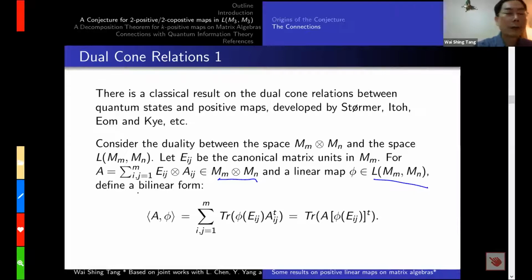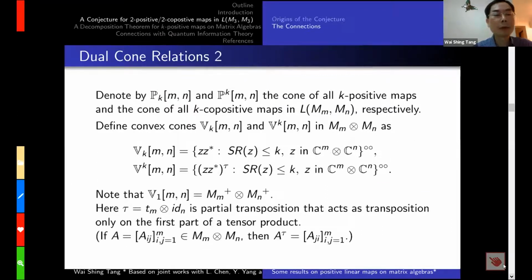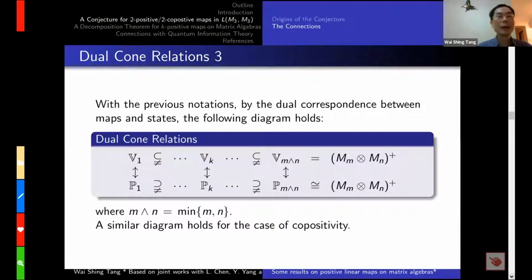From here, one can describe the relationship between Mn tensor Mn and linear maps from Mn into Mn. Because of lack of time, let me skip the detailed explanation. Say Pk is the collection of k-positive maps. Then we have this bilinear pairing.